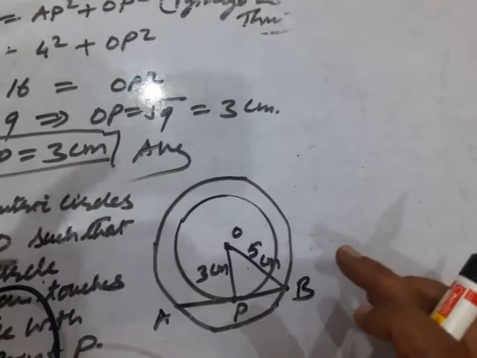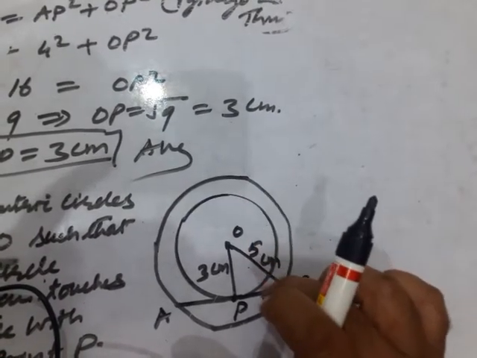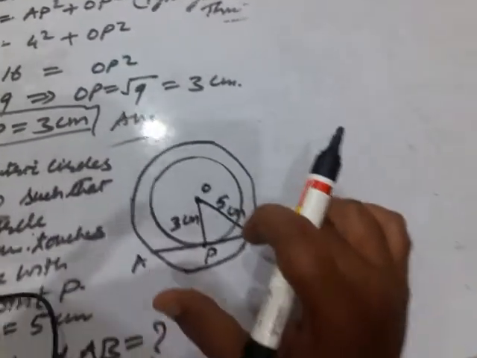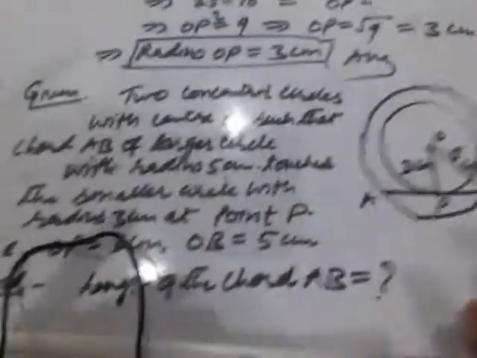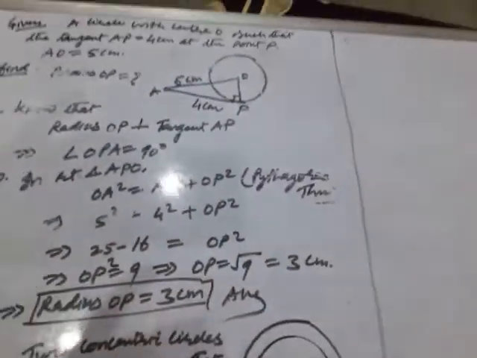What is theorem 10.1? We know that the tangent at any point of a circle is perpendicular to the radius through the point of contact. Okay children, this much is finished over here. So let us move to the next part.